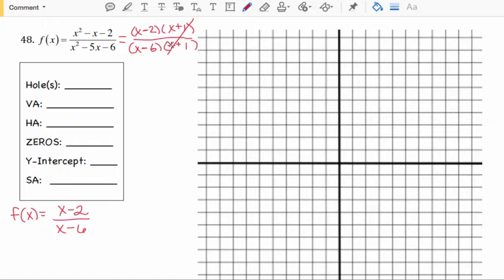Okay, so I know I have a hole where this factor is equal to 0, and if I take x plus 1 and set it equal to 0, I guess I'll just do it. I wasn't going to, but I changed my mind. So I have x plus 1, set it equal to 0, I get x equal -1. That's just the x coordinate of the hole. Now you have to find the y coordinate. So we're going to find f of -1 on the modified function, which is -1 minus 2 over -1 minus 6.